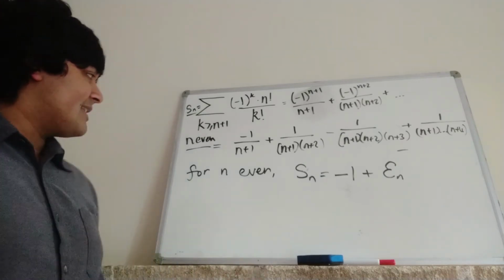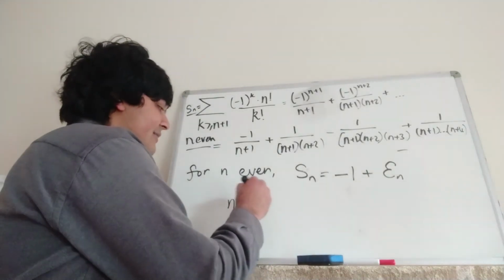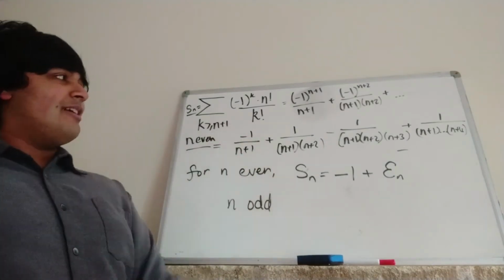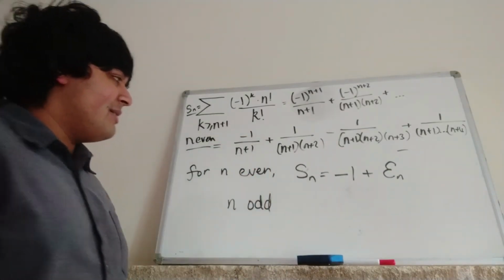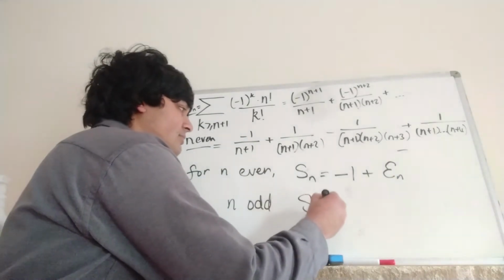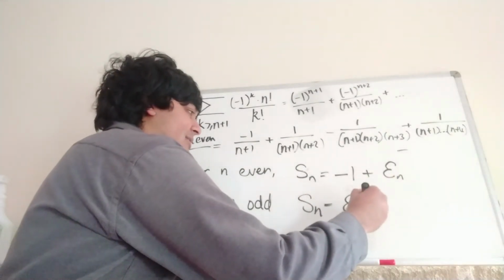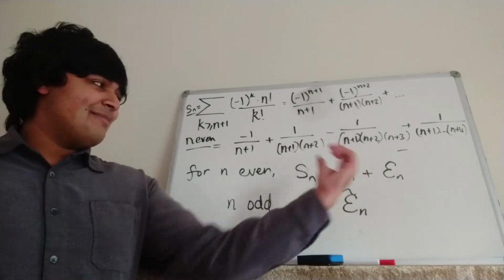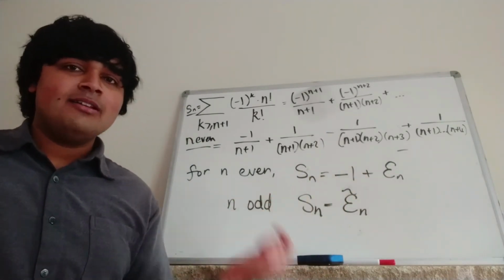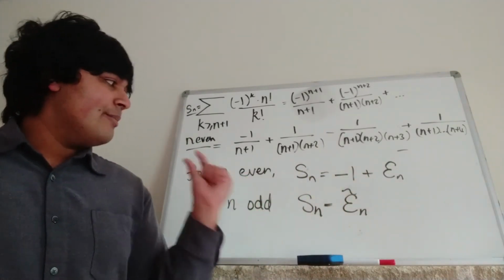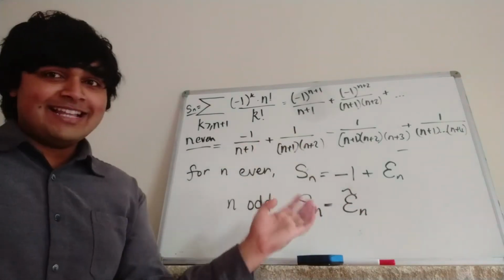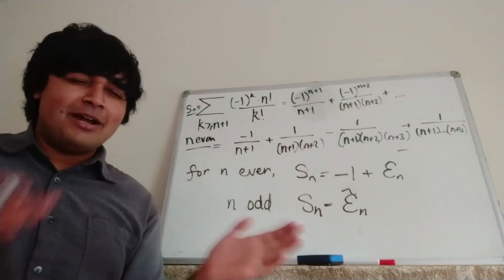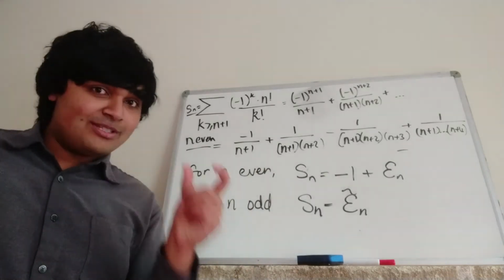Okay, and that's for n even, and then for n odd, I'll leave it as an exercise for you. It's not too difficult. Use a similar argument, except essentially these minus signs and plus signs are the other way around. You get that Sn is just epsilon tilde n, say. So not the same epsilon n, but again, it's just some small positive number, so it's between 0 and 1. Okay, so now this proves what I said about Sn being either -1 plus a little bit or just a positive little bit.